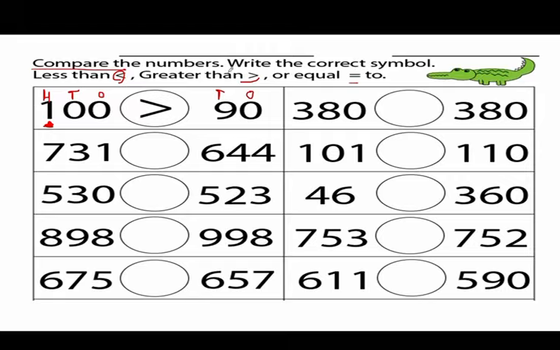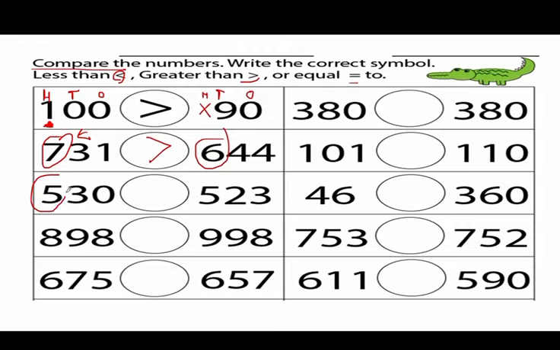The number that has hundreds. So 100 is greater than 90. Who can tell me? Which one? Look at the hundreds. 7 and 6. Which one? 7. Excellent.